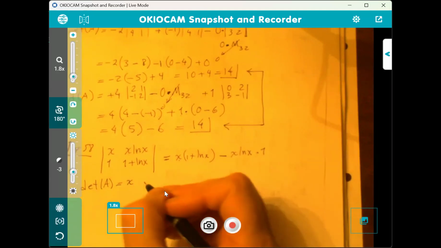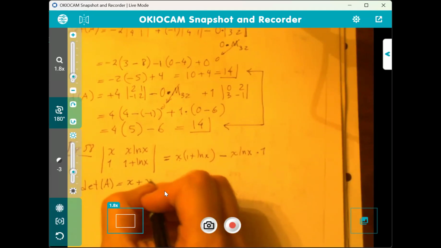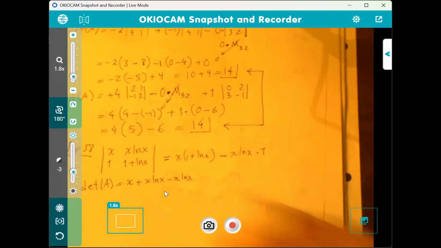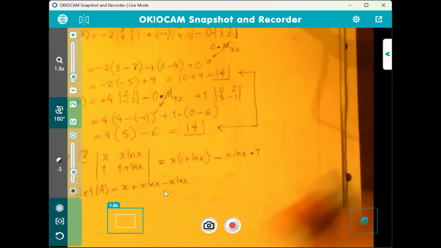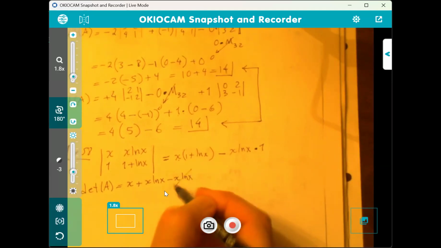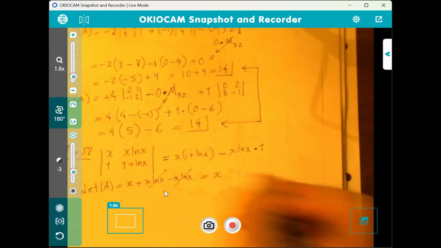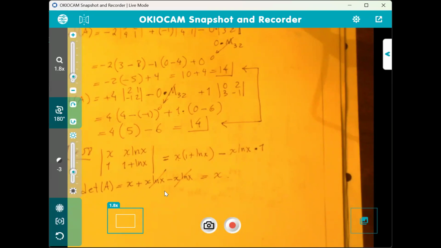Distributive property, so I get x plus x ln x minus x ln x, because ln of x times 1 is itself. Here we have a pair of opposites that add to 0, and there you go. The answer is just x. So that's how you would work this one.